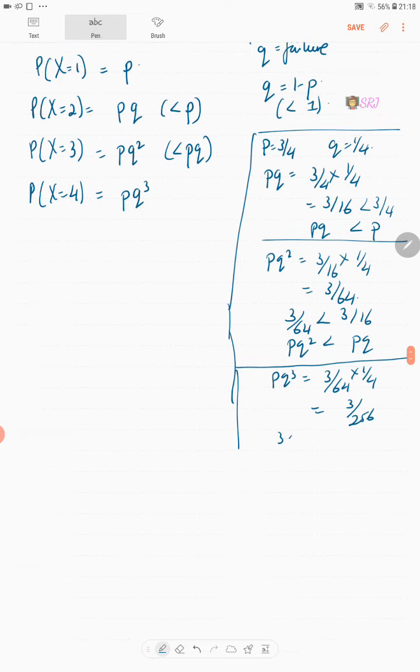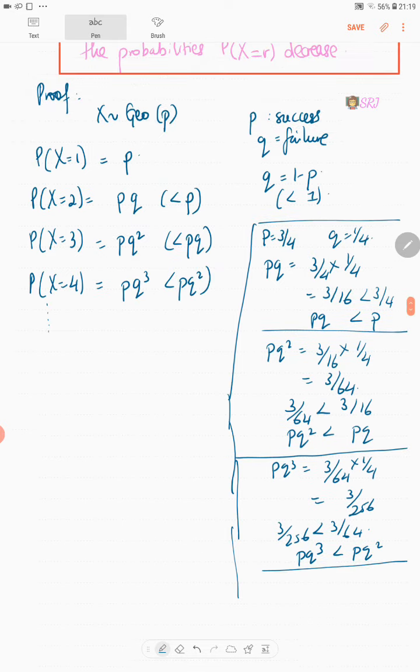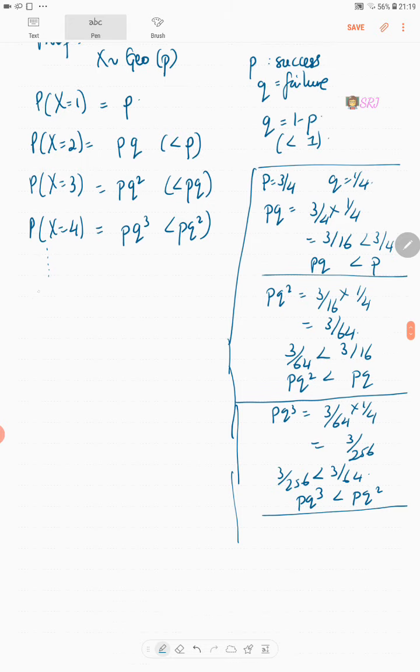So again 3/256 is less than 3/64. So we can say PQ cube is less than PQ square. So this will go on like this. At the end we can say that P is greater than PQ is greater than PQ square is greater than PQ cube is greater than PQ power 4. It keeps on like that.